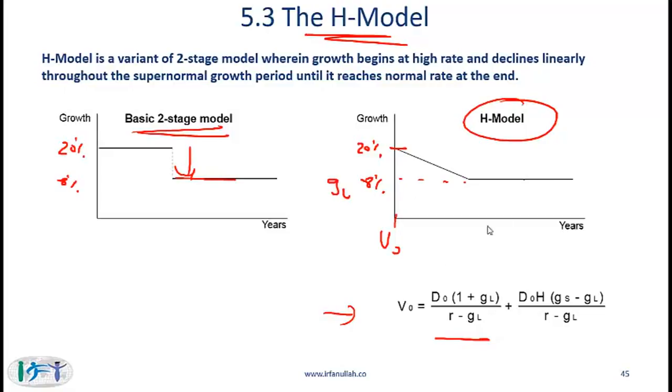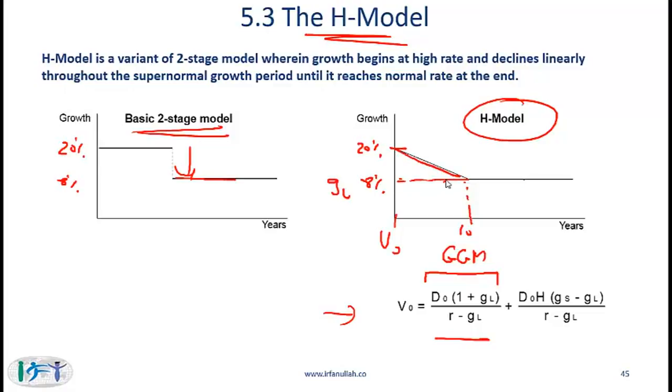GL, as I said, is the long-term growth rate, which would be 8% in my example, divided by R minus G. So does this look familiar? This is nothing but the Gordon growth model, and this is saying that one major component of the value at time 0 is the value assuming that we grow at 8% forever, starting now. But for a certain number of years, let's say that the certain number of years is 10. For a certain number of years, the growth is more than 8%.